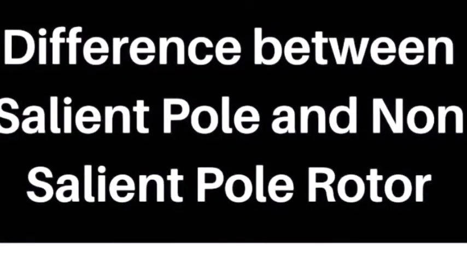And now we will discuss the difference between the salient pole and non-salient pole, meaning cylindrical type rotor. We study some basic and some hard differences between the salient pole and cylindrical pole rotor, as follows.